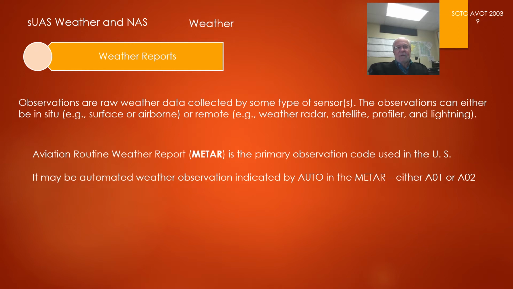All right, so we'll start with the weather reports. Let's focus on that. We have aviation routine weather reports, abbreviated METAR. It's the primary observation code used in the United States, and it's a code that's standard. So all over the world, they'll be able to interpret these METARs. It may be automated, indicated by AUTO in the METAR, and there may be an A01 or an A02.